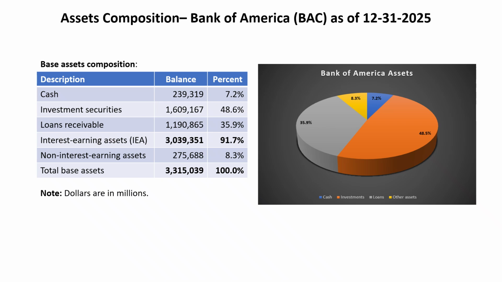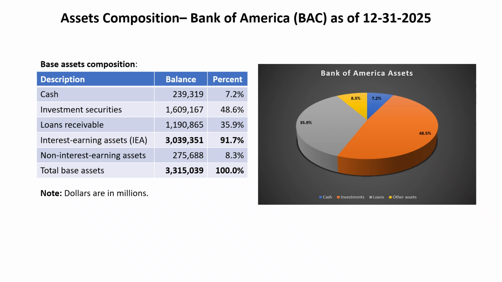We have investment securities of 1609. That's about 49% of their total assets. And this is where Bank of America has most of its money invested in relatively low rate, investment grade securities, treasuries, whatever. And this will have an impact on their margins, which is interest income minus interest expense, which we'll take a look at later.